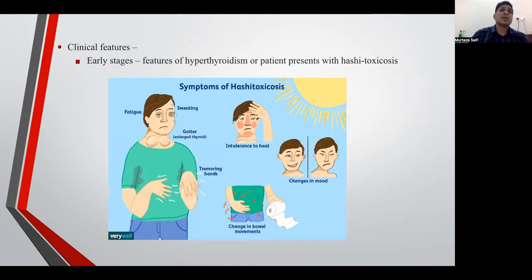Clinical features: in early stages, features of hyperthyroidism, or patients present with Hashitoxicosis. Symptoms of Hashitoxicosis include fatigue, sweating, goiter, tremors in the hand, intolerance to heat, changes in the mood, and change in the bowel movement.